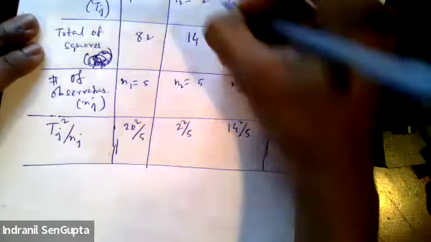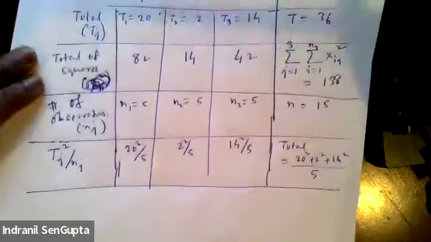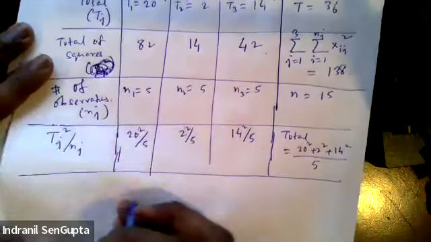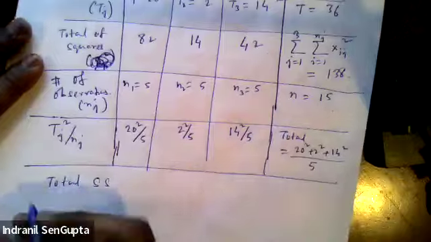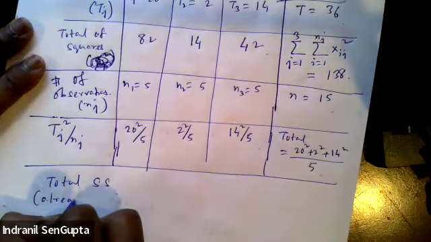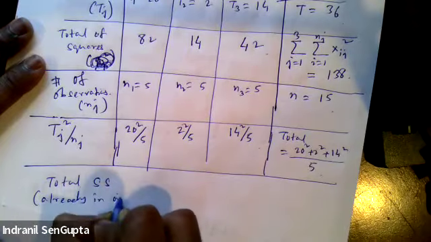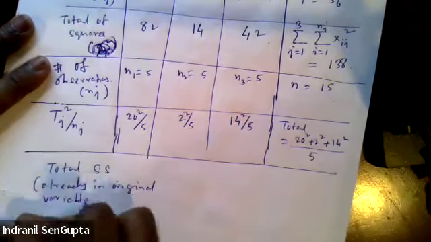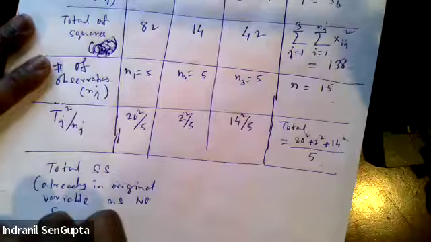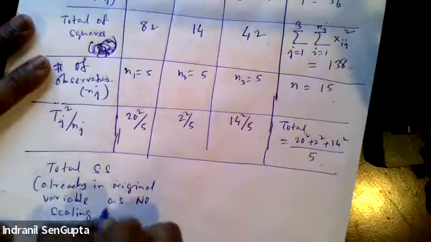And you can even make this table. Now, let's compute the total sum of squares. This is already in the original variable, as no scaling is used.